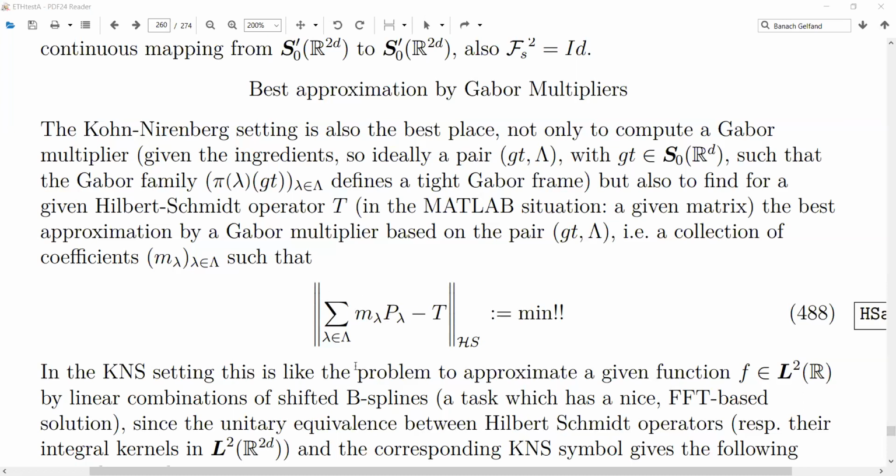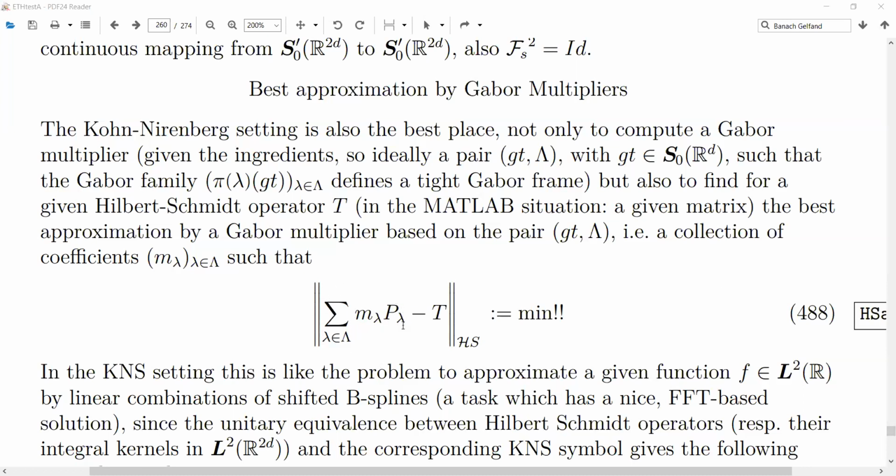So a sum of this form, where I use P lambda for the projection onto the atom sitting at the position lambda, which is a point in our time frequency lattice. Now, of course, if you're doing nothing, if you're just taking coefficients, multiplying with constant 1 and going back, you would like to have identity. So if mu is constant 1, you're just taking the sum over all these atoms.